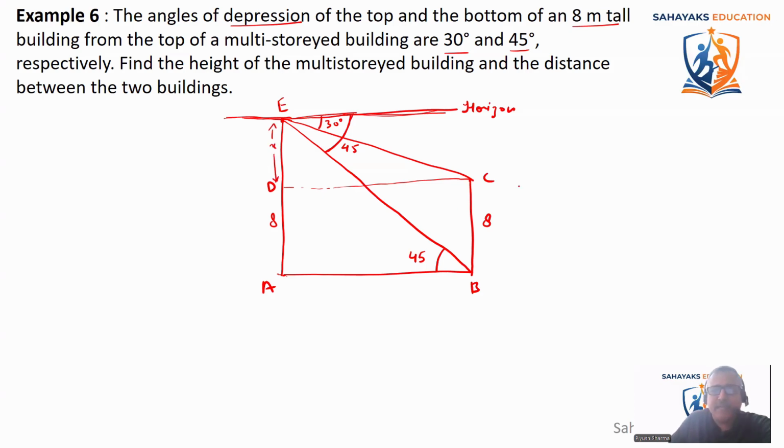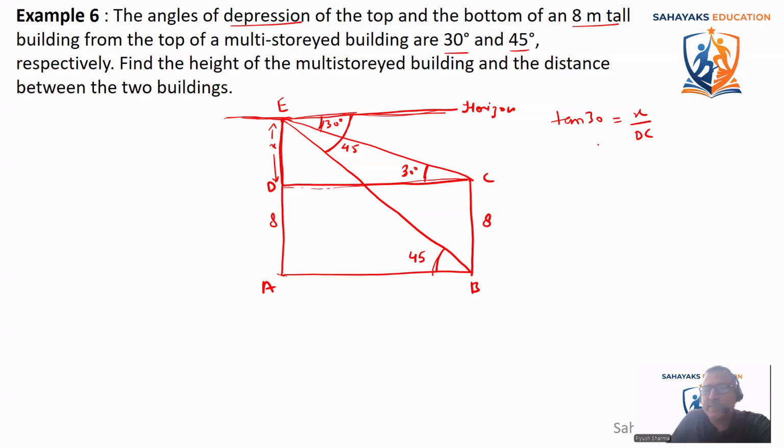So let's find AB first. If this angle is 45 degrees, this angle will be 30 degrees. Again, because this is 30, this angle will also be 30. Now, finding DC first. For finding DC, we'll take tan. Tan 30 is perpendicular by base, so we consider this triangle.